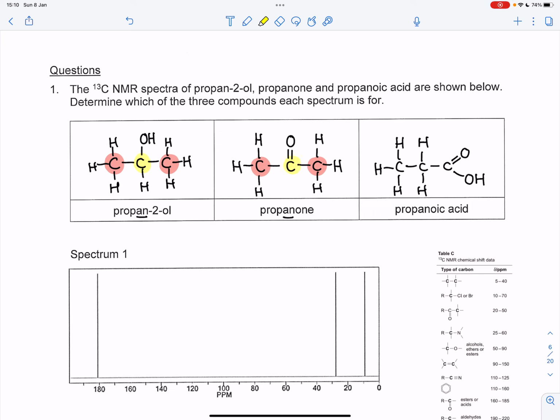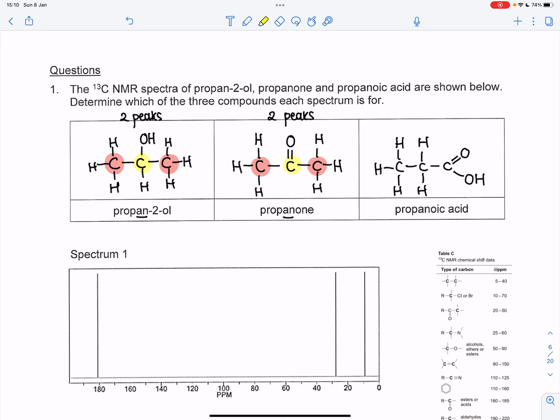Now, these 2 structures aren't going to have identical carbon-13 NMRs. They are just going to both have 2 peaks. They won't be in the same places because their environments are different, even though there's the same number of peaks. The type of carbon is different.